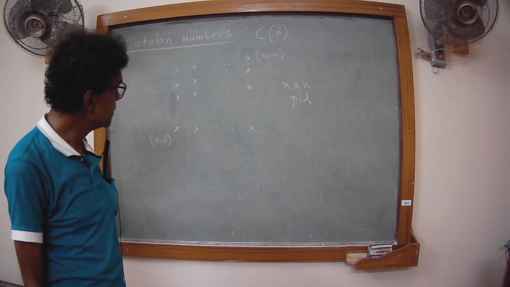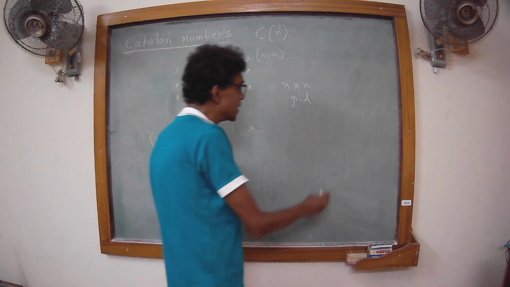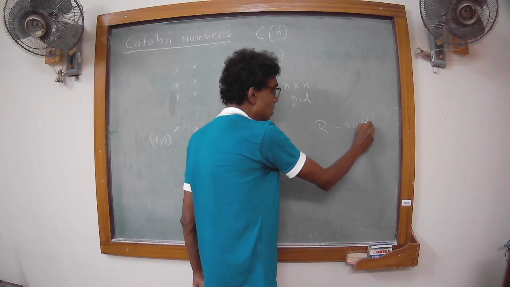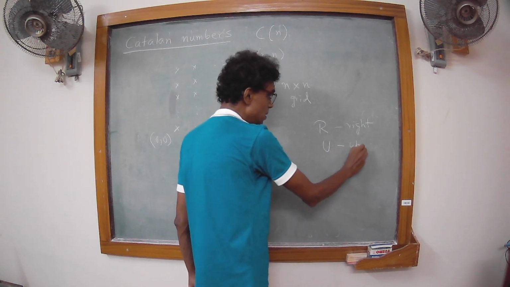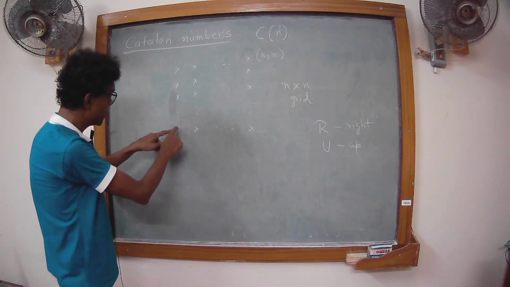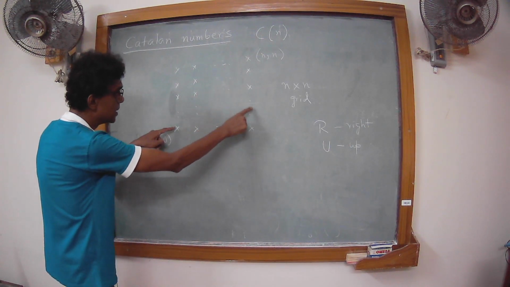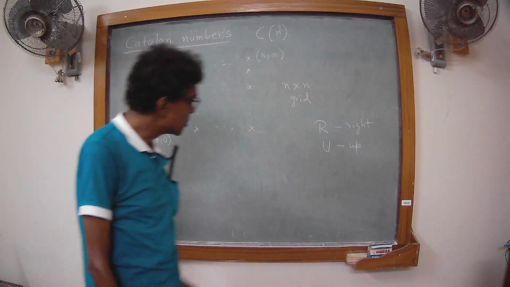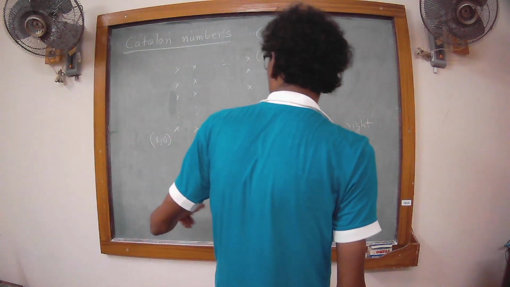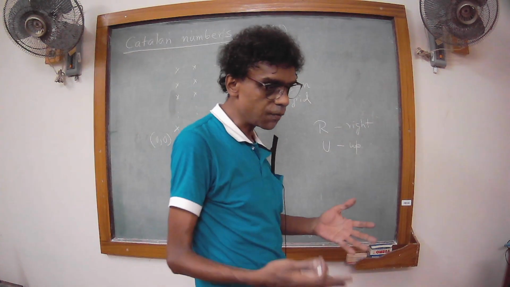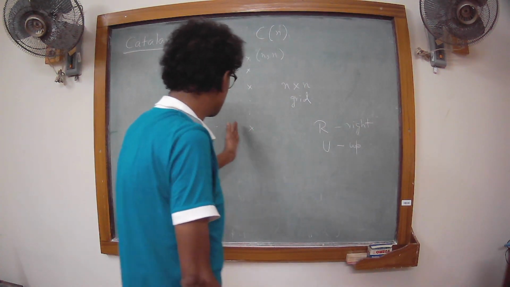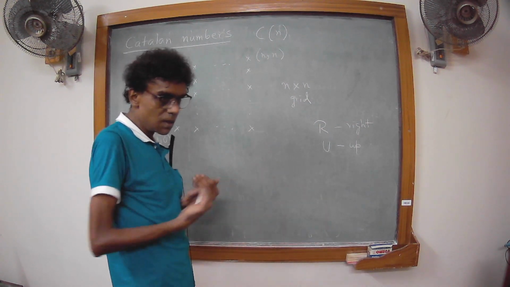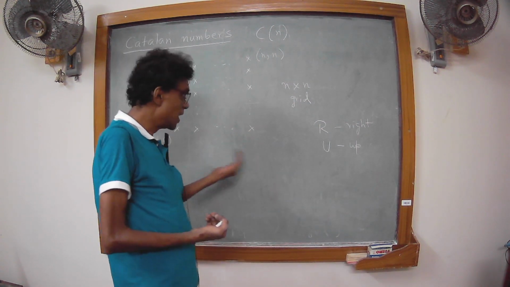And the only movements that are allowed are either move right or move up. So for example, you can start here, here, here, here, here, something like that. So a choice of this R and U, and you should never go outside this grid, because in that case you would have some retrograde movement, left or down, something like that.